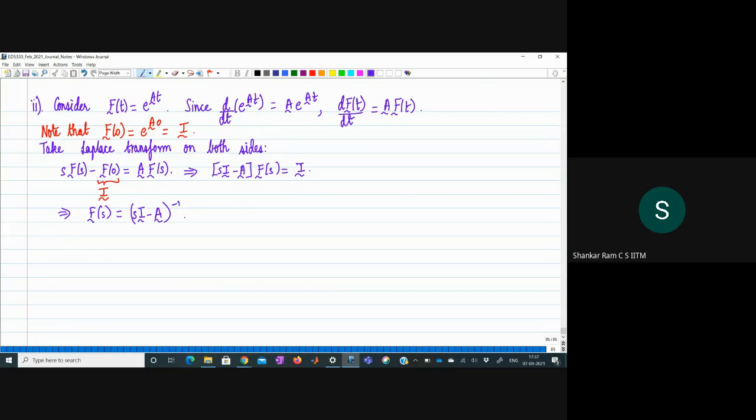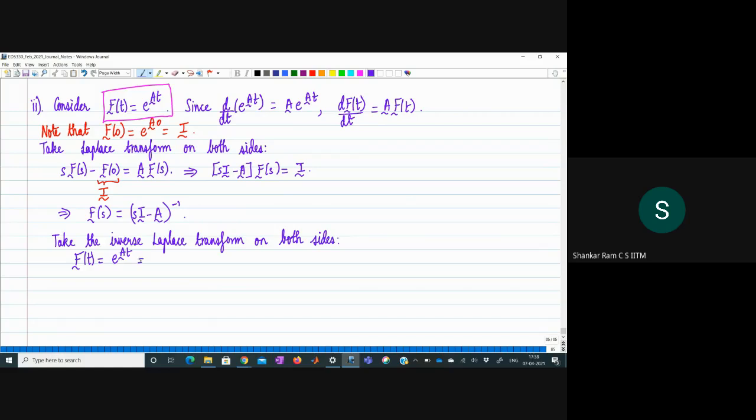Right? So now let's take the inverse Laplace transform on both sides. If you take the inverse Laplace transform on both sides, we are going to get f of t. But f of t, we know that it's e power At, right? How do we know it's e power At? Because that's what we started off with, right?